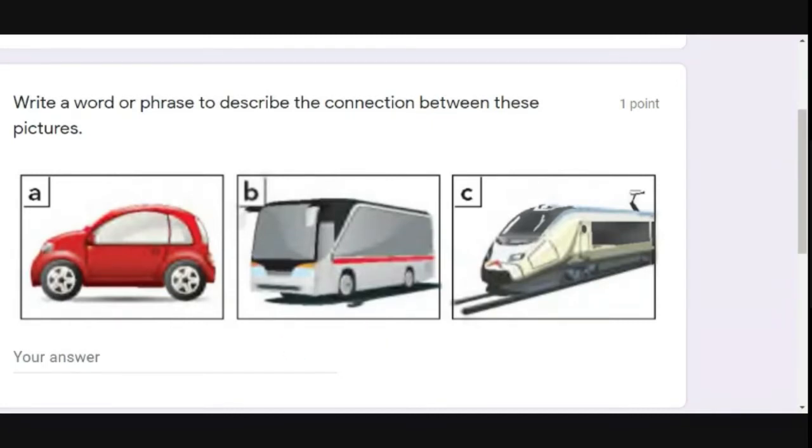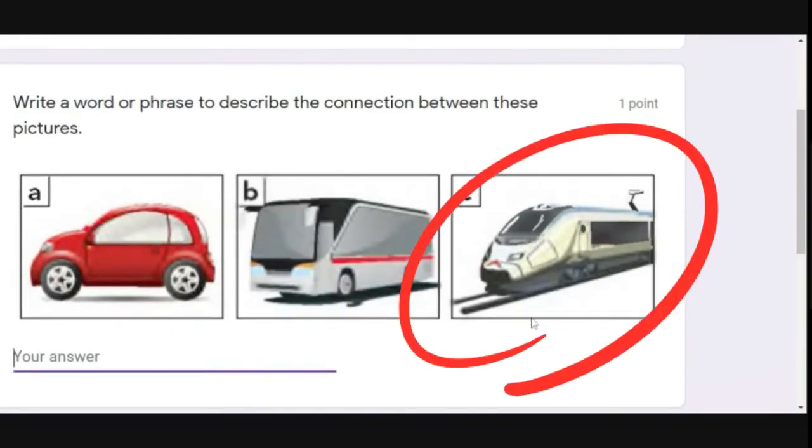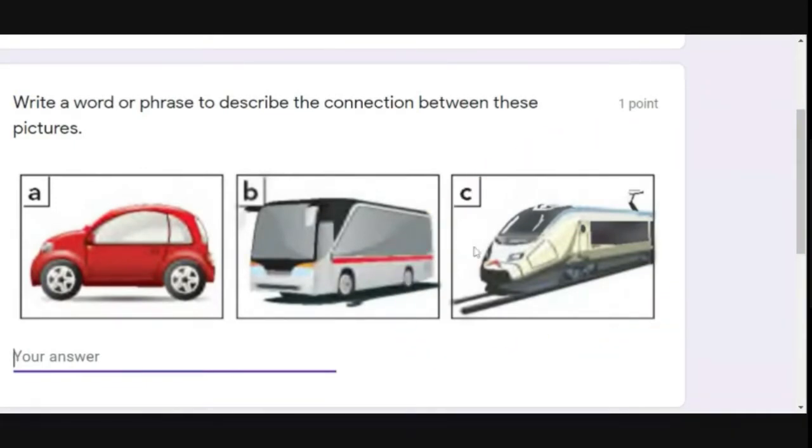All right. Okay. Then for C, what is this? Picture C. What is picture C? It's a train, right? Okay, so what word can be used to describe the similarity or the connection between these pictures?